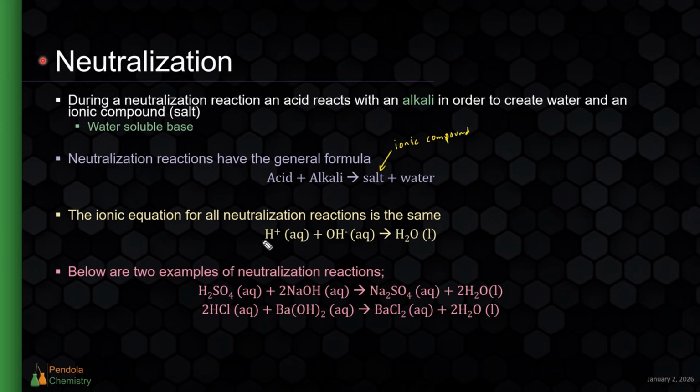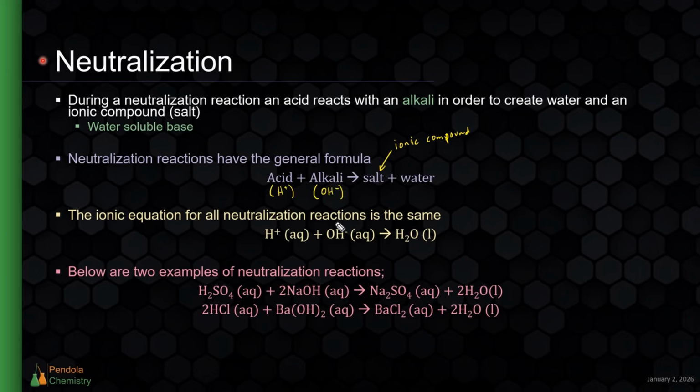Why is the reaction H+ plus OH- the ionic equation for the neutralization reaction? One thing that all acids will have is a hydrogen ion. We'll see this in the next couple of slides, with the definition of an acid, but all acids will start with hydrogen, meaning they have a hydrogen ion. Alkalis, water-soluble bases, not all bases but alkalis specifically, have hydroxide ions in them.